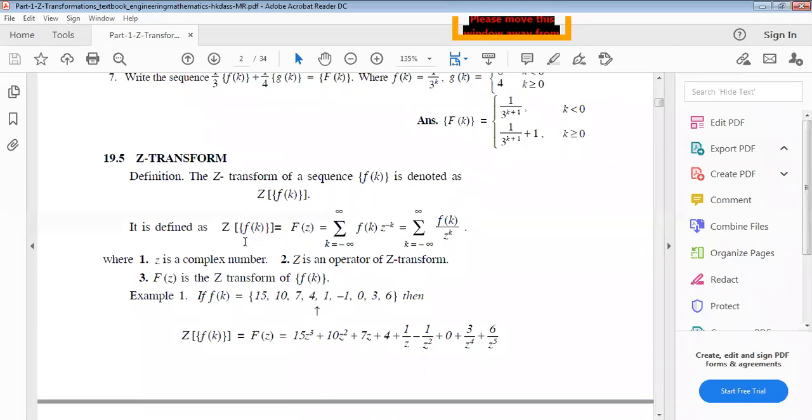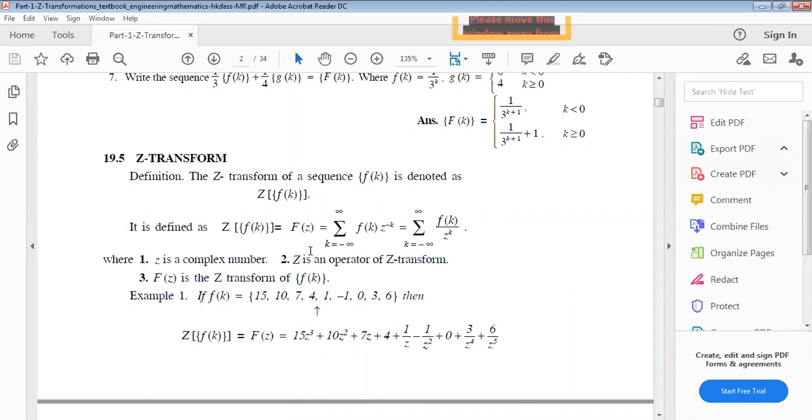This is represented by F of z equals the sum from k equals minus infinity to plus infinity of f of k z to the power minus k. This can also be written as the sum from k equals minus infinity to plus infinity of f of k divided by z to the power k, where z is a complex number and capital Z is the operator of the Z transform.